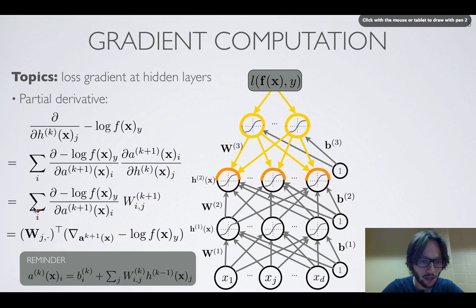So now this expression corresponds to, we can think of it as, taking the vector of gradients with respect to the pre-activation at the layer k plus 1 multiplied by the column of that matrix. And so it's the product of the vector here with the vector corresponding to the jth column, and that's because we're summing over the row index.